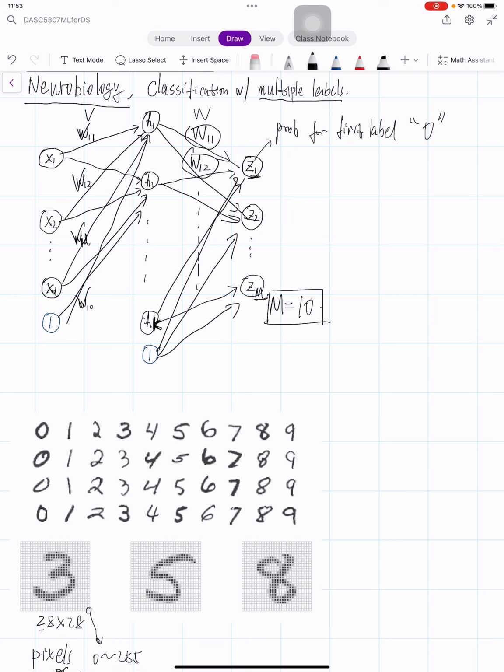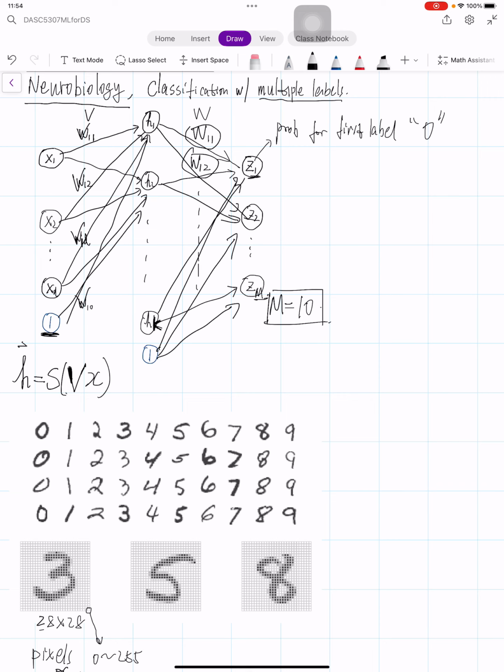Recall that our neural network transformation formula is the V matrix times the input x, including the bias, where the last component is our bias term. Then we transform it by some activation function. This is the h vector.